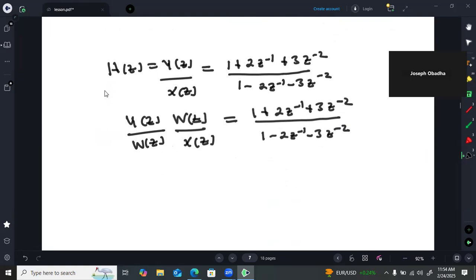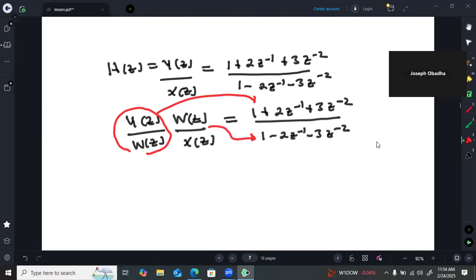The steps from here are relatively simple because one of these terms I will equate to the numerator. And then the remaining one, I will equate to what remains, the denominator.